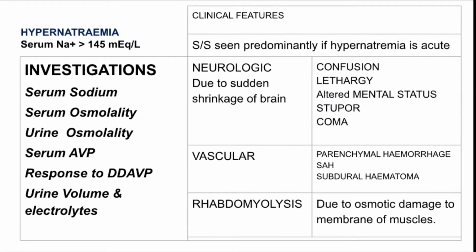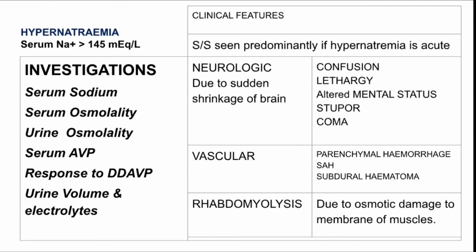If we look at the clinical features of hypernatremia, then you should realize that signs and symptoms are seen more predominantly if it is acute. Among the neurologic signs, confusion, lethargy, altered mental status, even stupor and coma, result due to sudden shrinkage of brain.